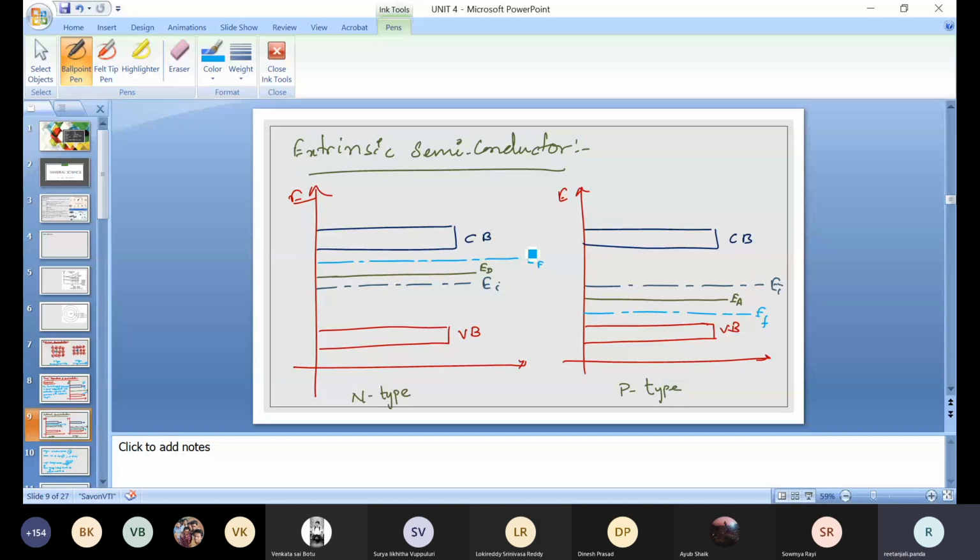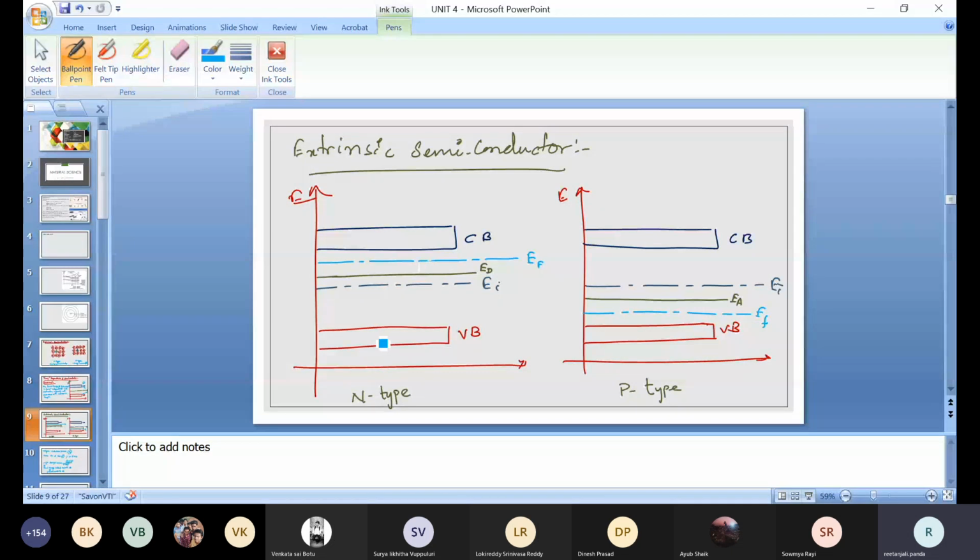You see this sky blue line that I have represented here, it is nearer to the conduction band. Now as you supply heat, more electrons from the valence band are going to jump to the conduction band, so holes are going to be created.